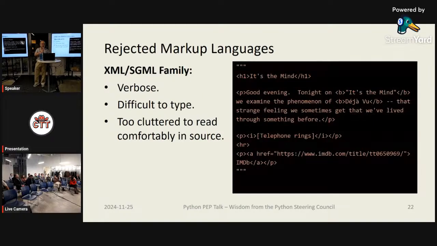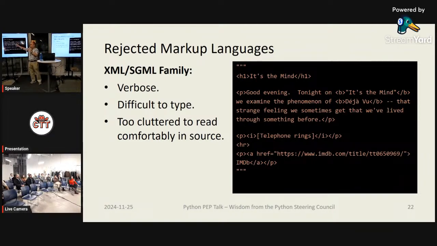The first one they rejected was XML, SGML. If you look at it, you think it would make sense. A documentation tool can just pick this out and create an HTML file, all beautifully formatted. But the committee decided that it was verbose, too difficult to type, and really cluttered in the source code.